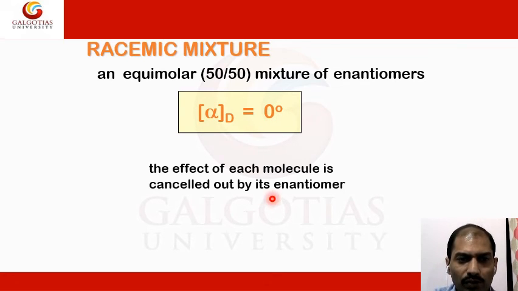So the effect of each molecule is cancelled out by its enantiomer. In the racemic mixture, as we saw in the previous numerical problem, there was 60% of the mixture having D plus 30 and L minus 30 enantiomers. Each has opposite rotation to the other, so they cancel out from one another.